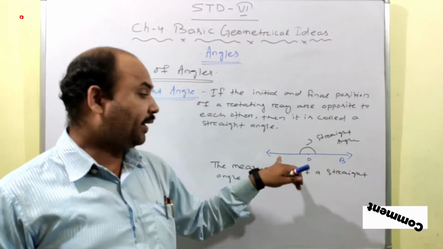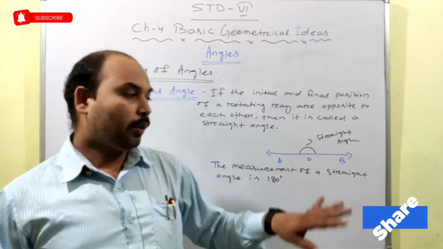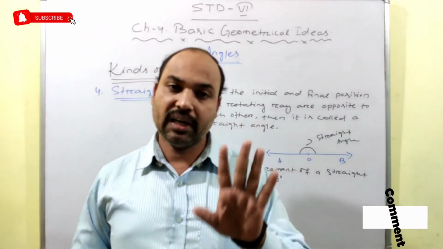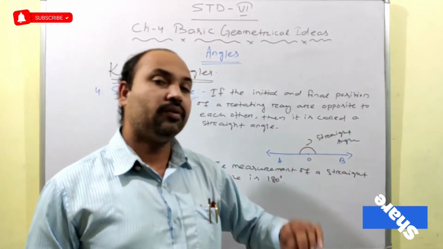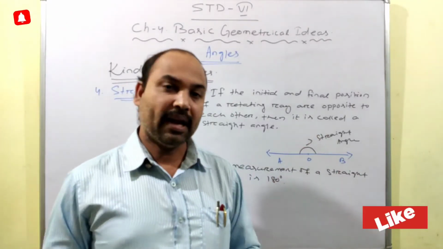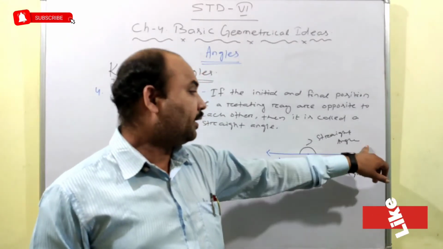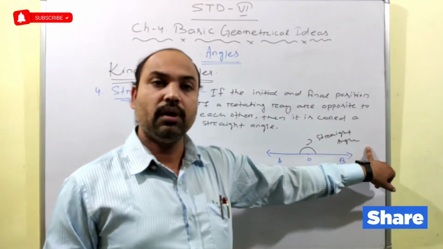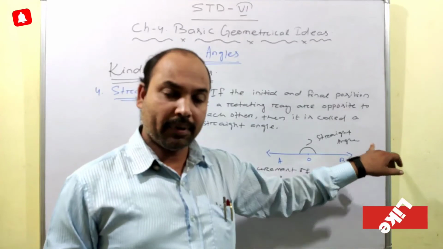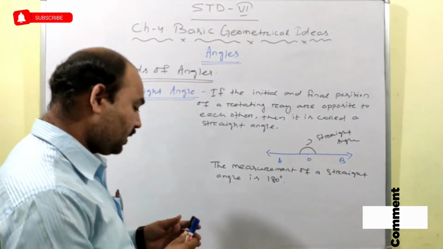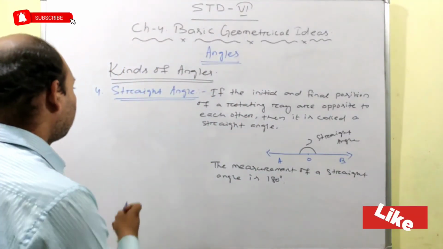When the two rays are opposite to each other, or when the two rays make a straight line, then 180 degrees is formed. And when the angle forms 180 degrees, that angle is known as your straight angle. After that, we will discuss the reflex angle.